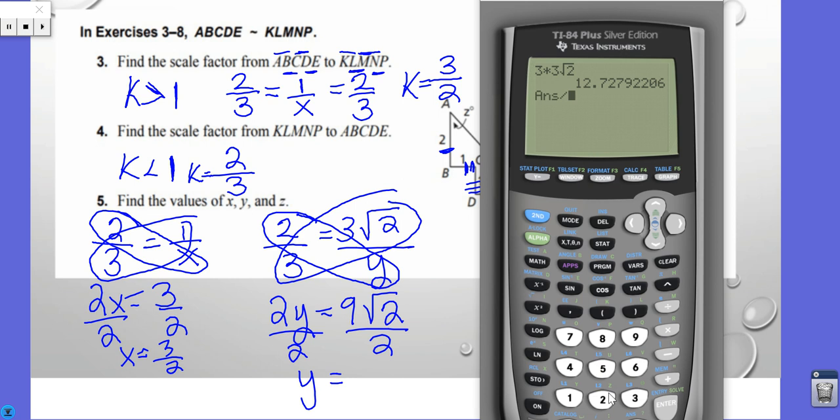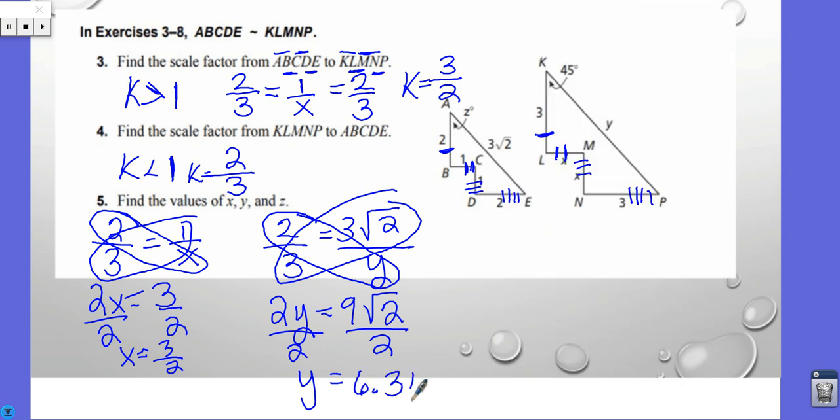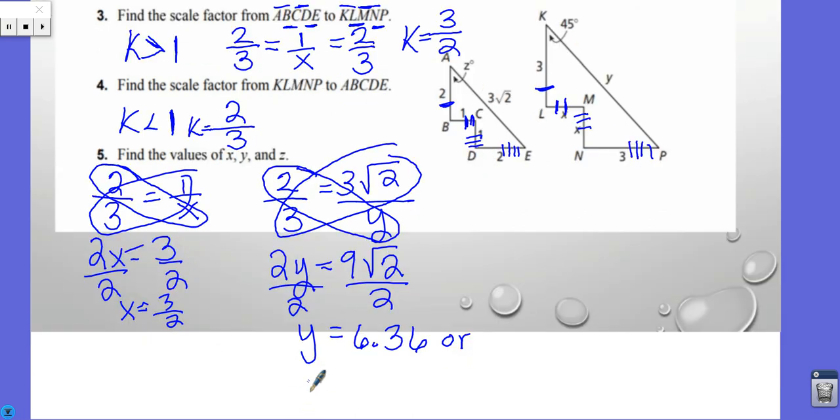I'm going to divide this answer by 2, and we get 6.36. Or you can write the answer as this: Y equals 9 square root of 2, divided by 2. And it'll give you the same answer.